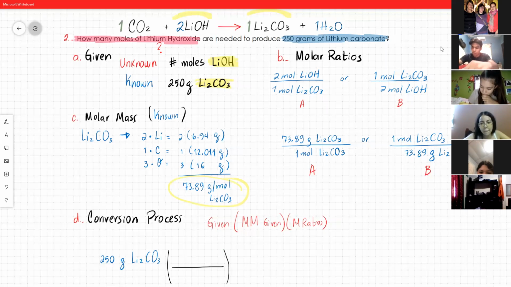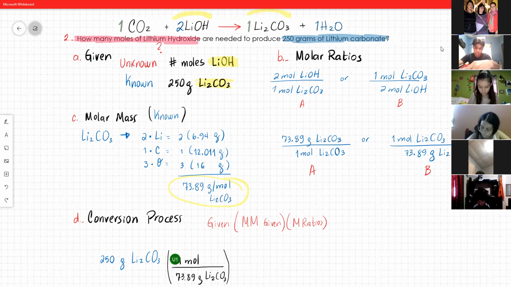B, to cancel grams. So 73 grams, and on the top I'm going to have the number of moles. I cancel grams with that.